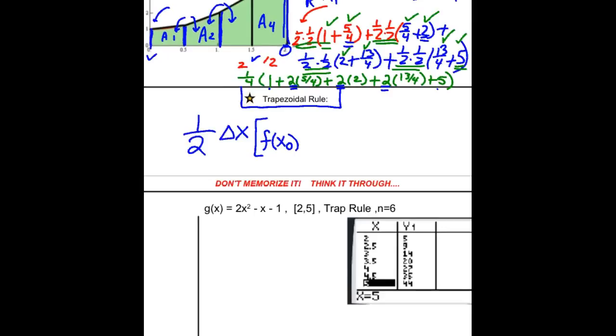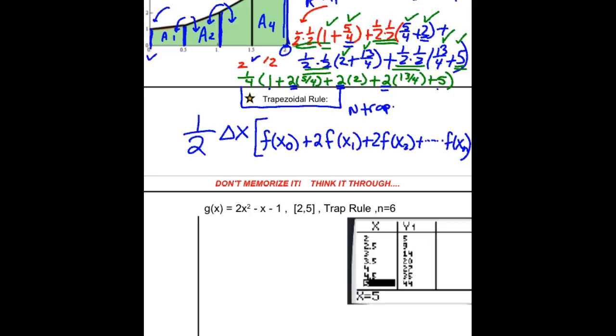So we say f of x sub 0. Then you do 2 of the next base and 2 of the next base. And you do that all the way to the end where you only do 1 of the very last one. And this is for n trapezoids.